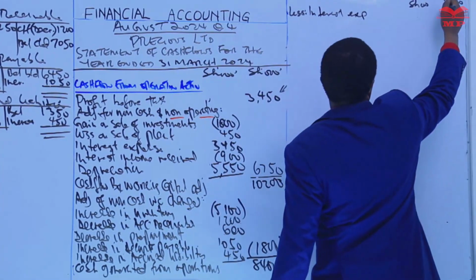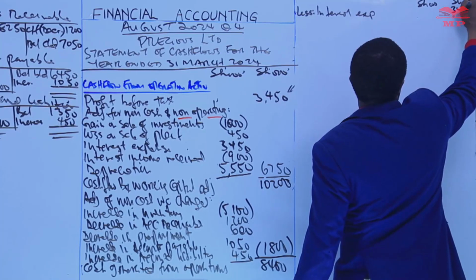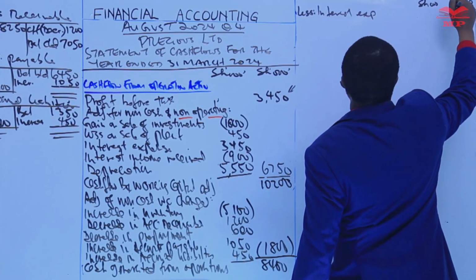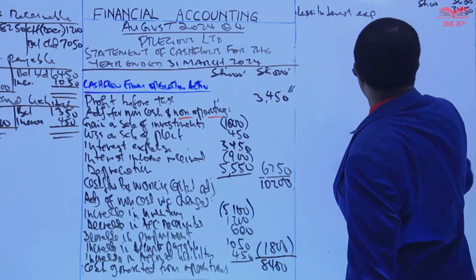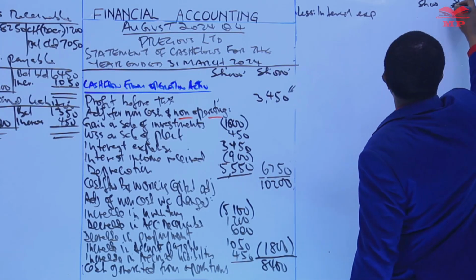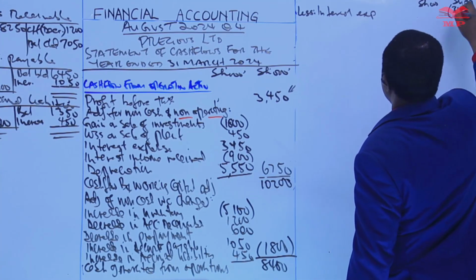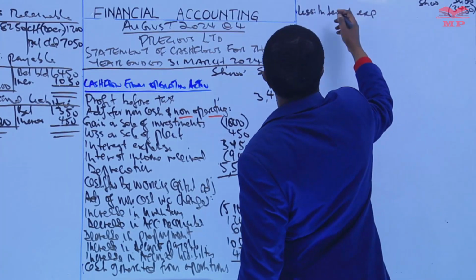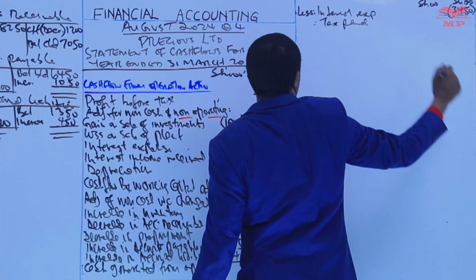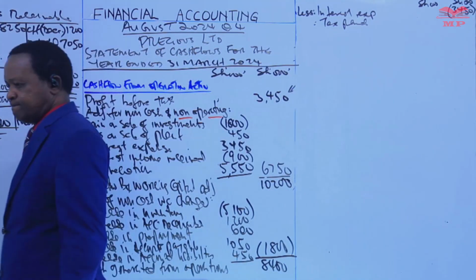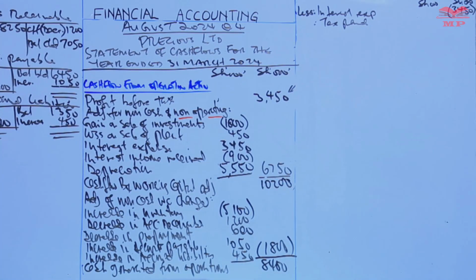Was it 3450? The one we adjusted somewhere here. Yes, 3450. We deduct because it's an interest expense. Then tax paid. How much tax was paid? Tax paid.